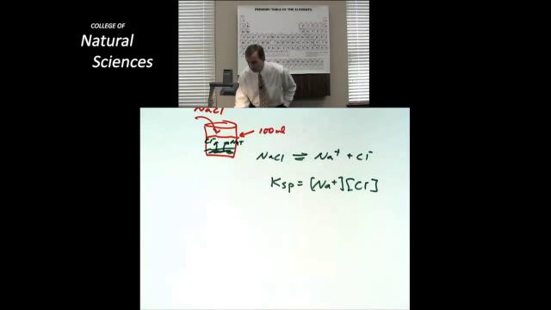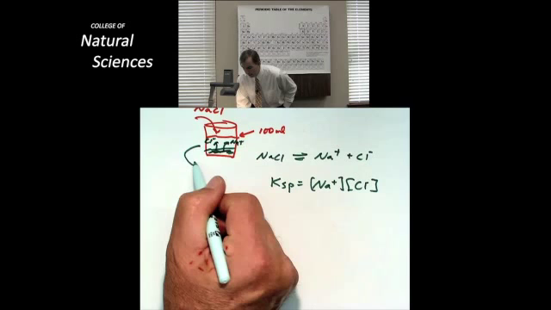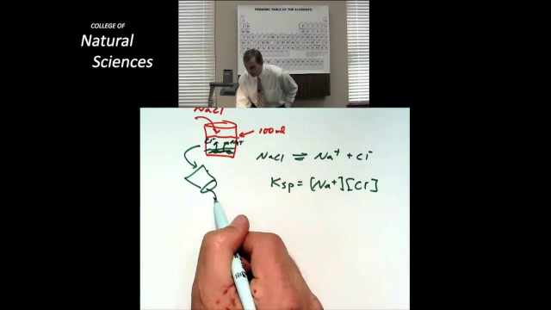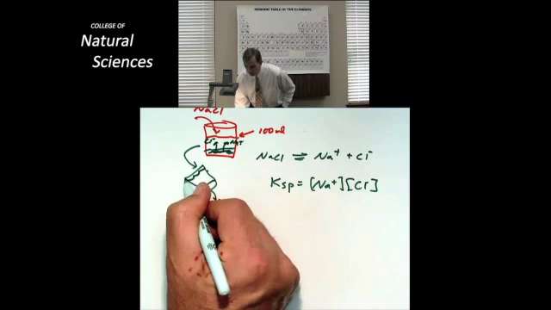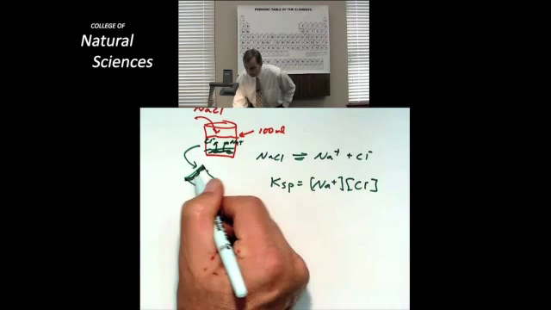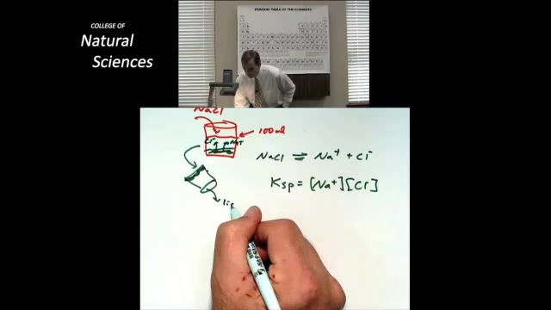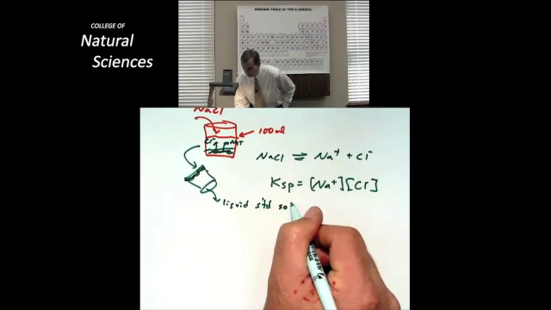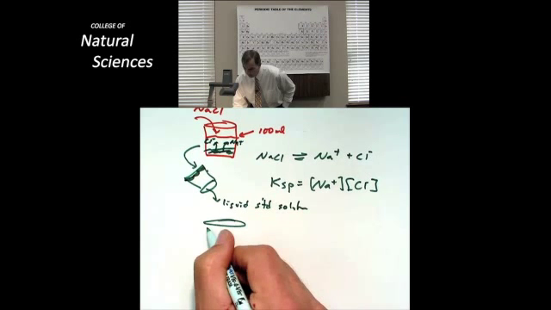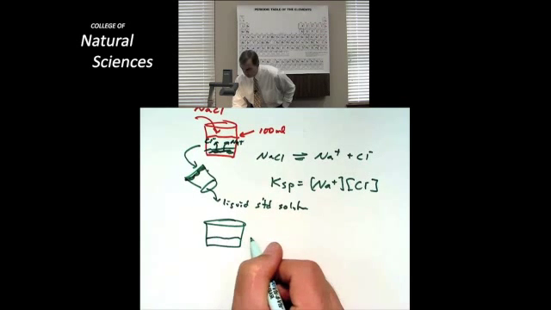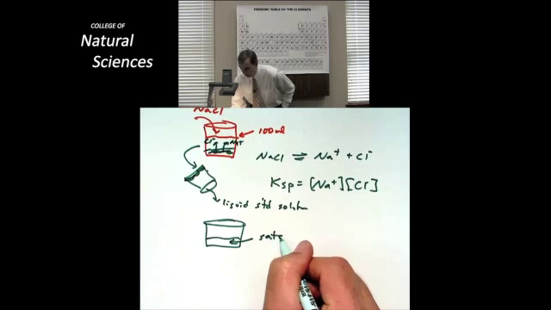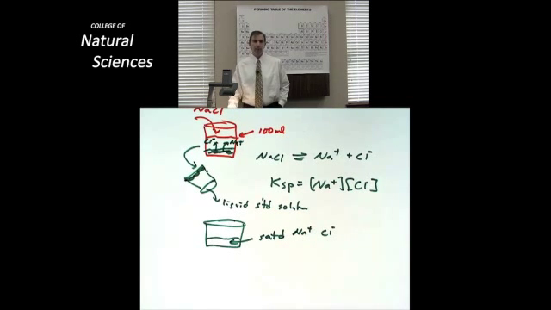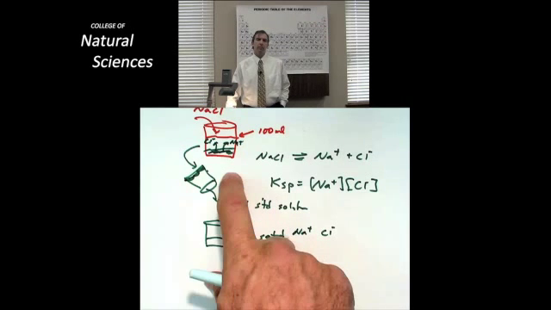I take that saturated salt solution and pour carefully the liquid off into another container. Now I have a container which is just saturated Na plus and Cl minus. I've left behind the stuff that was sitting on the bottom.